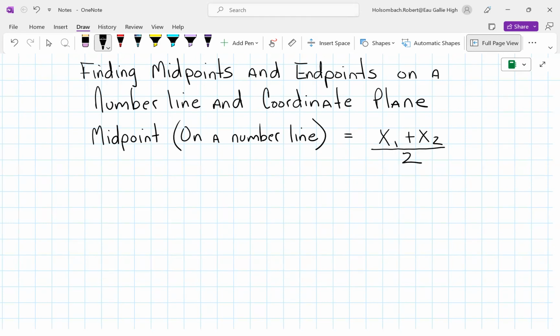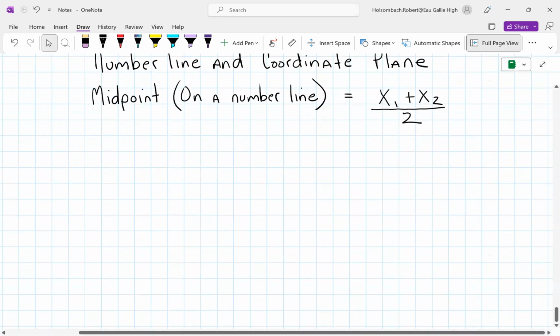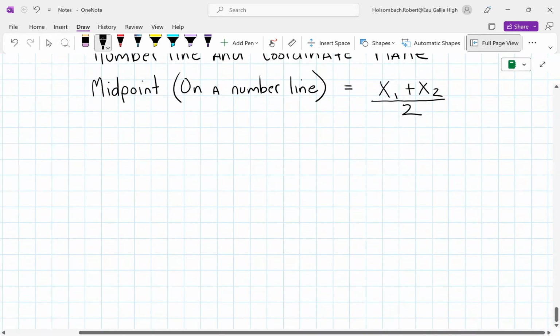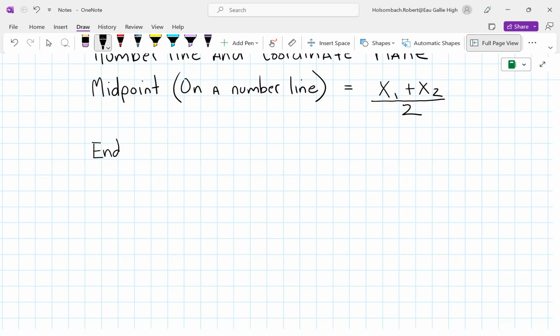Now, while we're here, let's talk about endpoint. And again, this is on the number line. All right. This will take effect when you're given a midpoint and one endpoint, and you're asked to find the other endpoint.